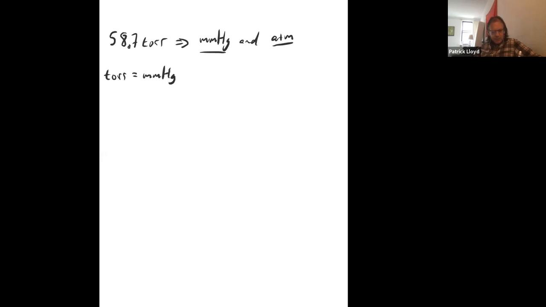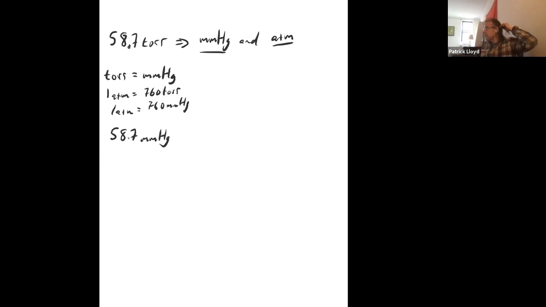Because as I said, 1 atmosphere is 760 torr, but I also said 1 atmosphere is 760 millimeters of mercury. They're the same. So no problem then. That means it's just 58.7 millimeters of mercury. You could go through the conversion, but there's no need to. They're the same thing. It's just a different name for it, right?